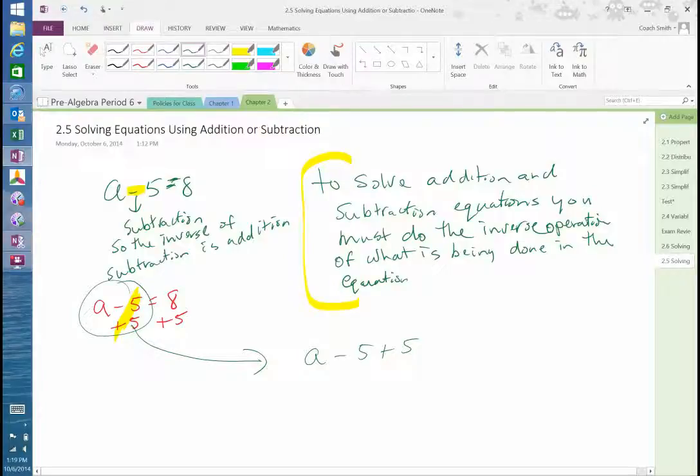Let's say a is 10. What's 10 minus 5 plus 5? 10, right? You end up with the same number. That's why you can do the inverse operation to both sides, and it doesn't change the equation. So this cancels. What is 8 plus 5? 13. So a, the only thing left, is equal to 13. And that's your answer.